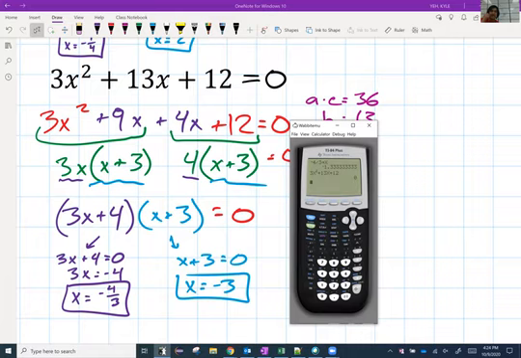Does it equal 0? Yes, it does. We know that's a for sure answer. Let's just check negative 3 really quickly. Negative 3 store x. And then I'm going to grab what I just typed in a couple times ago with second enter. And that one also works. So I know I have my two answers correct.